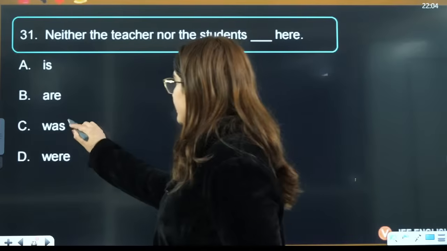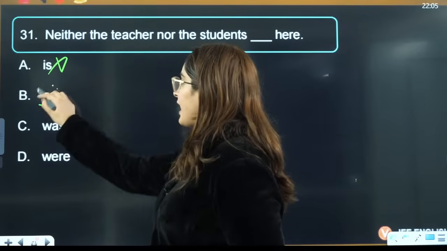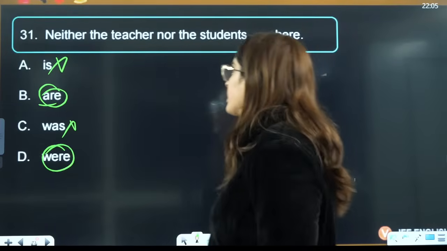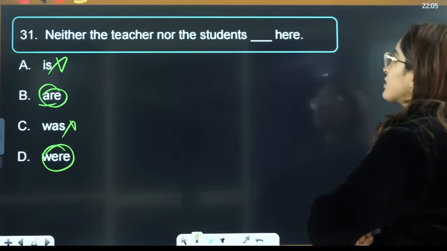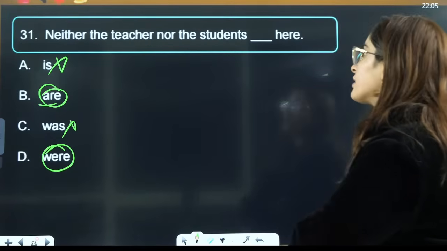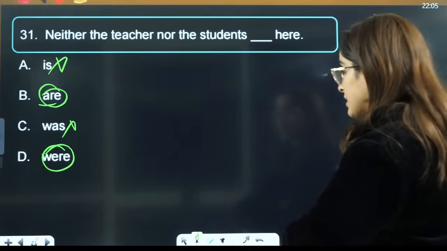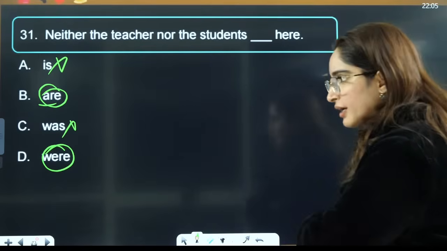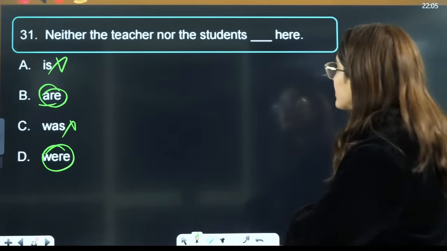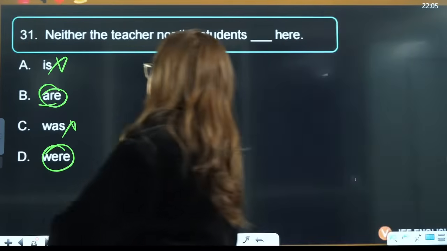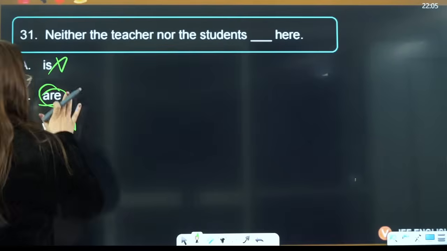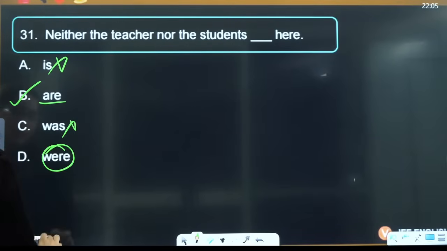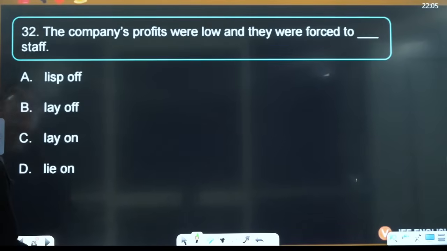See, was and is will not be there. It can be are or it can be were. Nothing is mentioned here about past tense, so we will take it as present tense only. So we can say are. The correct answer here is are.